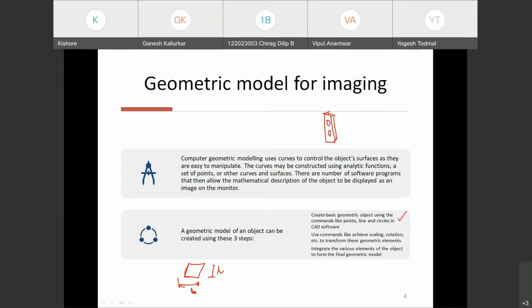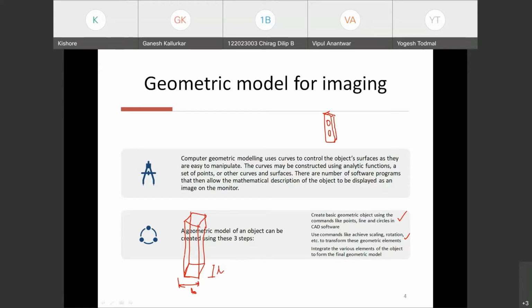Then I will probably go for extrusion. So I'll extrude this rectangle in this direction, something like this.